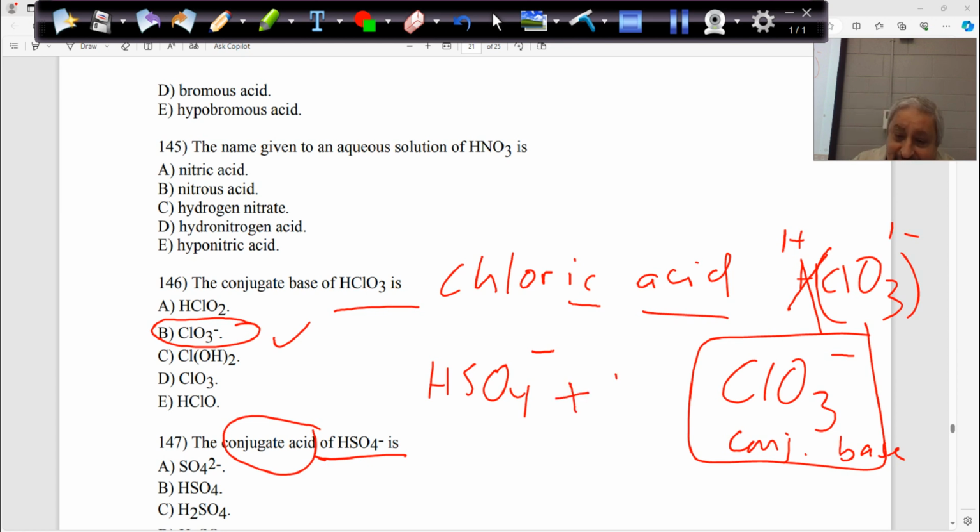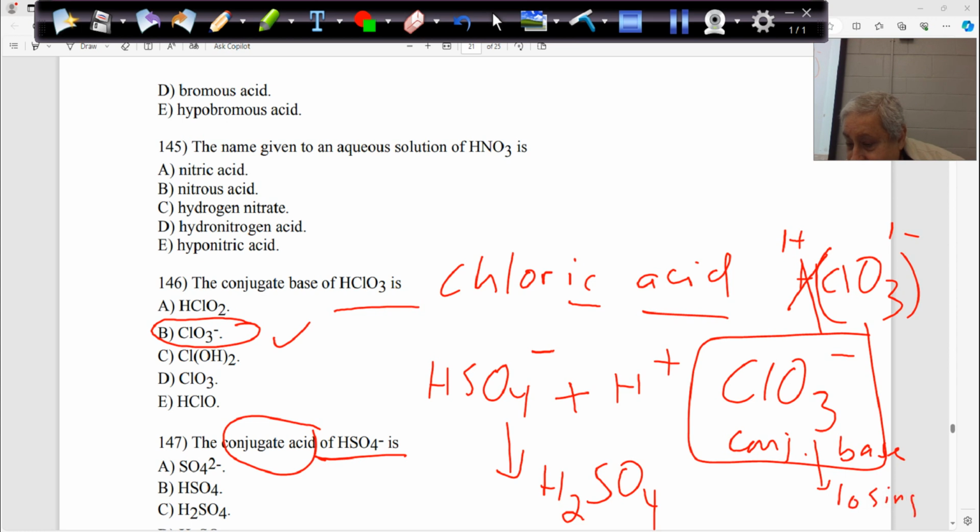So that's conjugate base lost, and this one here, conjugate acid is gaining. Correct? Conjugate base is losing H plus, and the conjugate acid is gaining H plus. So it will be H2SO4.